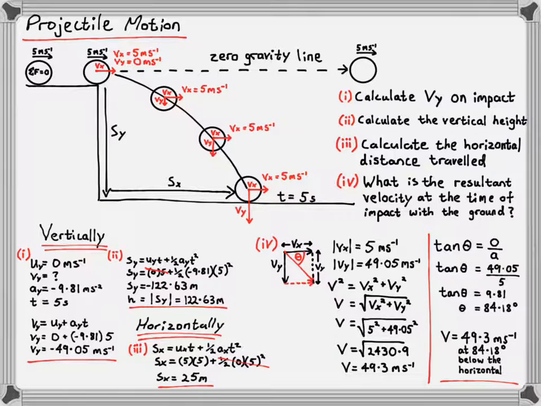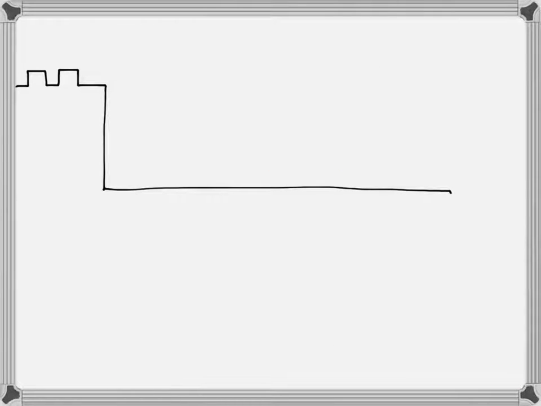So this is a pretty straightforward question because it doesn't involve any initial vertical velocity. The problem started out with only horizontal velocity, no initial vertical velocity. So let's see what happens when we try a problem with initial vertical velocity as well as initial horizontal velocity. There's lots of examples of this. If you think about someone throwing an American football in the NFL, for example, the person throws the ball with varying degrees of vertical and horizontal velocity.